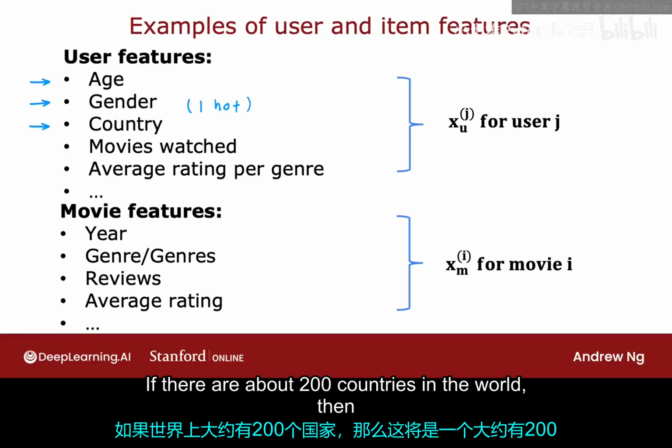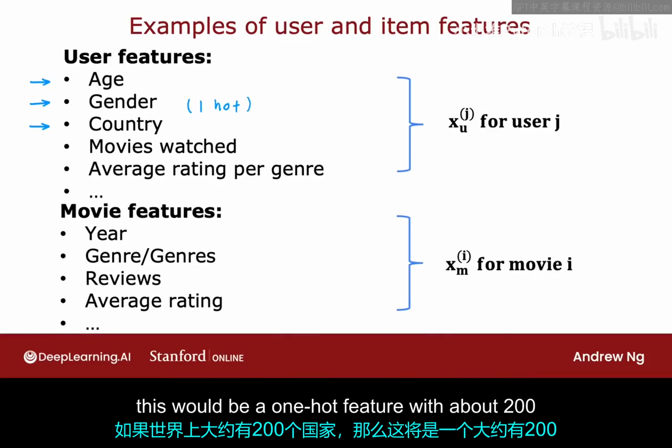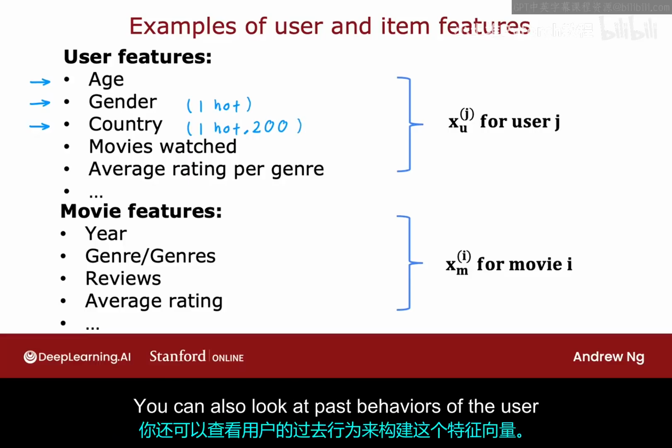So if there are about 200 countries in the world, then this would be a one hot feature with about 200 possible values.